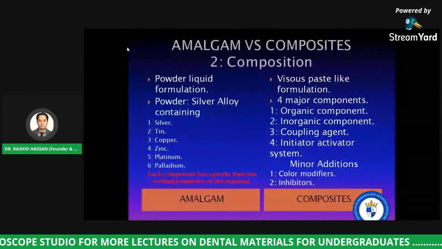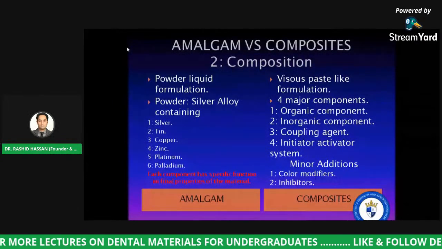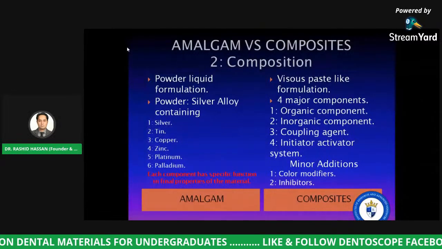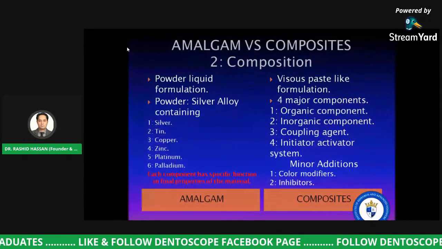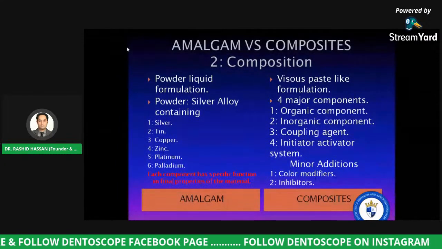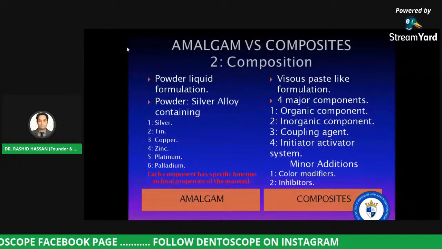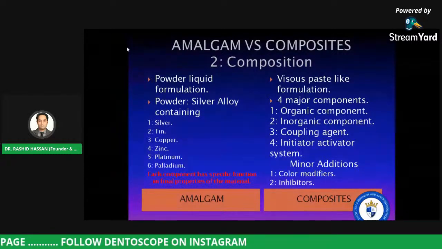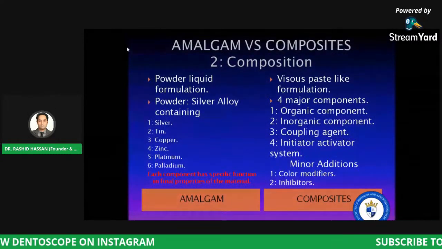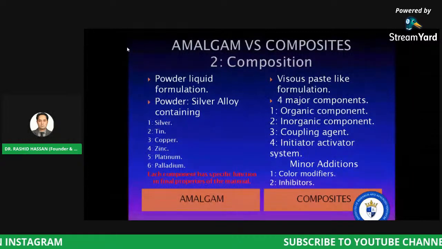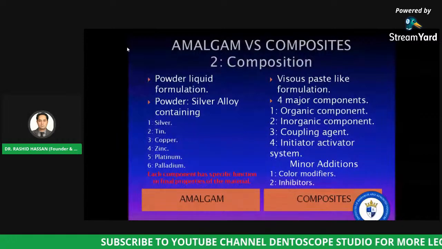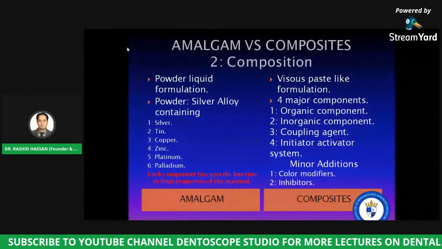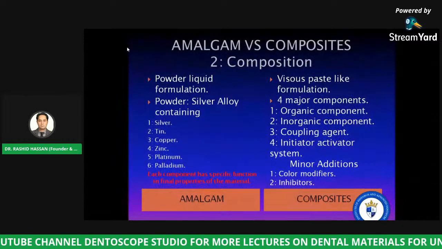Now, if we talk about the composition of dental composites, as I told you in the previous slide, it is a combination of four major components: the organic component, inorganic component, coupling agent, and the initiator activator system. Let's talk about them one by one so you get a clear idea about what exactly these components are.